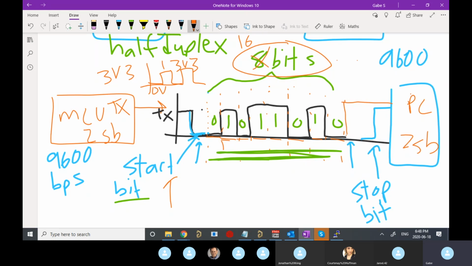And sometimes people even add like a restart condition. So basically, let's say I get a little greedy, right? And I'm the microcontroller. I'm over here. And I want to send 8 bits, but I want to send 8 bits 3 or 4 times really quickly, right? So let's say I have a whole sentence of letters. Each letter is 8 bits, but I want to send 10 of them. Sometimes what people do is restart the whole process.